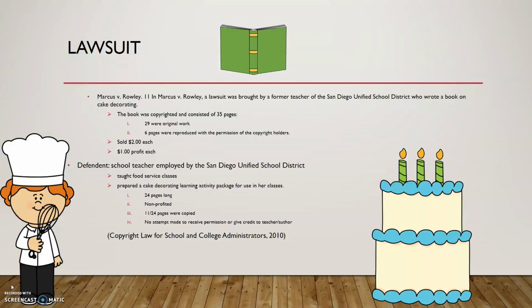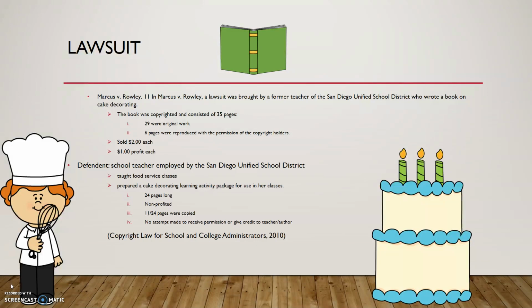One of the defendants, a school teacher also employed by the San Diego Unified School District, who taught food service classes, prepared a cake decorating learning activity package for use in her classes. The activity package was 24 pages long, and neither the defendant nor the school district derived any profit from it.